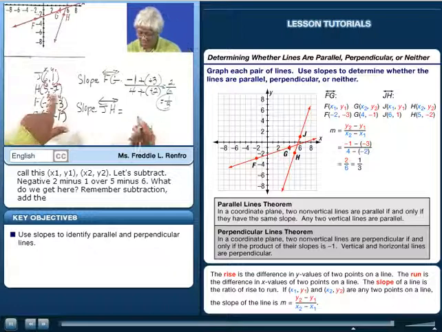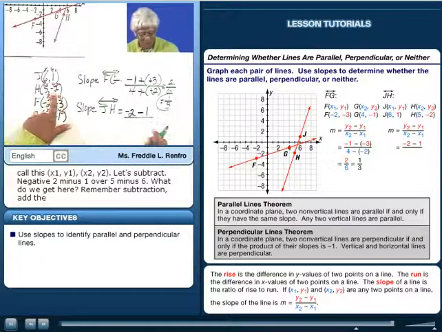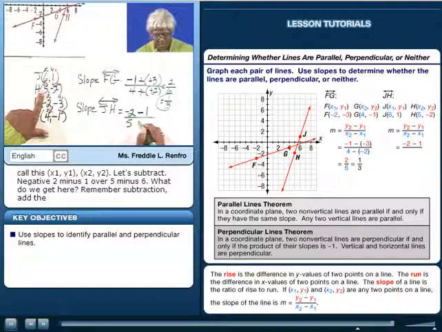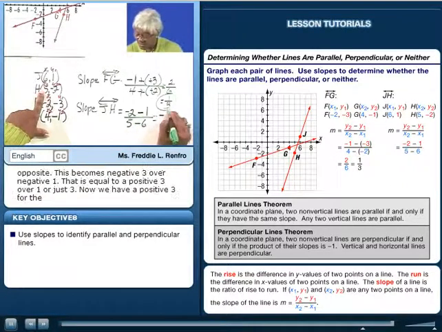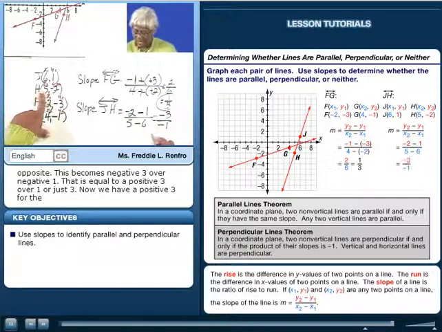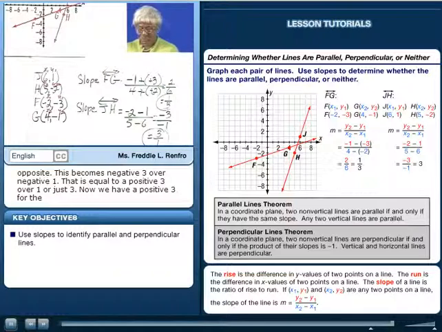All right, let's subtract: negative 2 minus 1 over 5 minus 6. Remember subtraction, add the opposite. This becomes negative 3 over negative 1, and that's equal to a positive 3 over 1, or just 3. Now we have a positive 3 over 1, or 3, for the slope of JH.